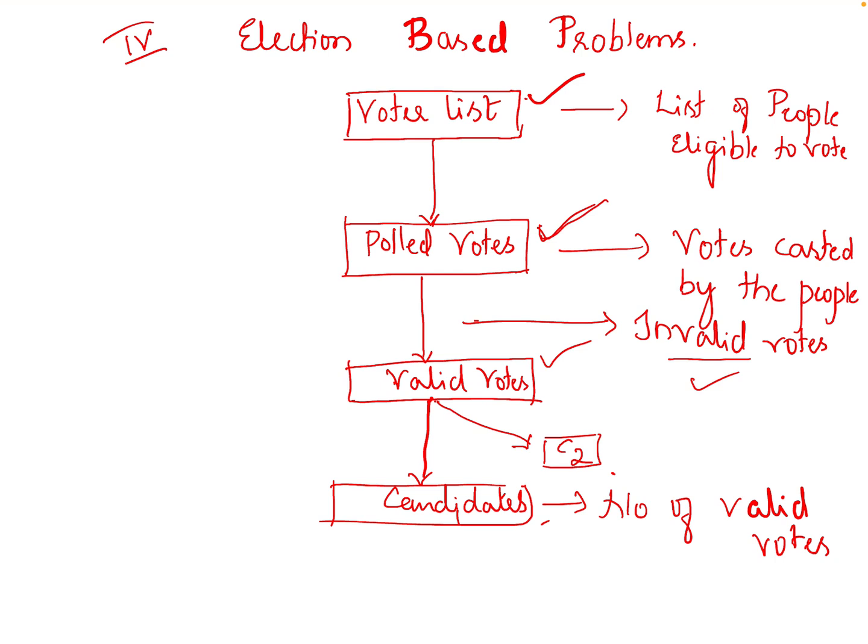Valid votes are those votes which remain after removing the invalid votes. These valid votes are distributed among the contested candidates, and they get the number of valid votes they have.